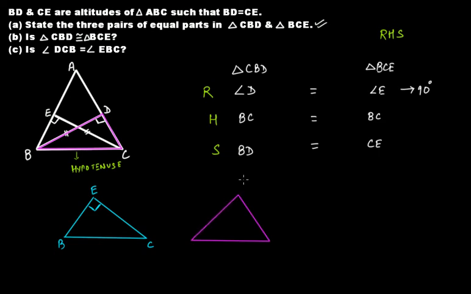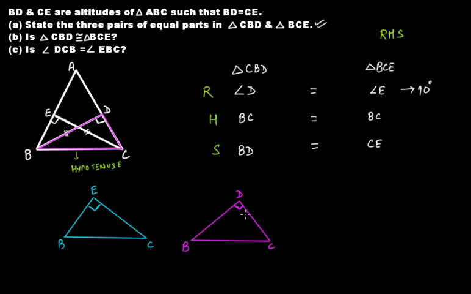Okay, it's a rough diagram, not looking very accurate, right? B, C, and D. Now, if we look at these two triangles, and if we are trying to fulfill the correspondence, that we have to tell the correspondence of these two congruent triangles.